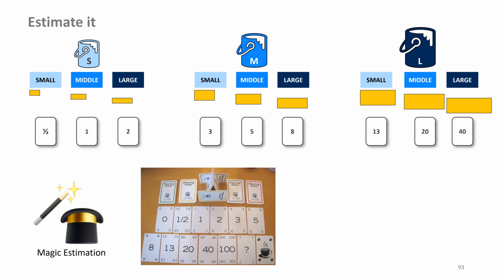After all the playing cards have been placed, everyone flips over their playing cards together. If everyone has placed the same playing card, we assume that everyone has the same understanding of the size and complexity of a user story.